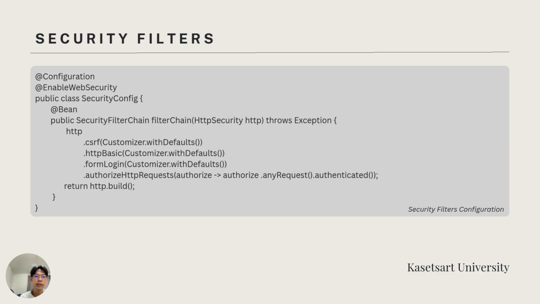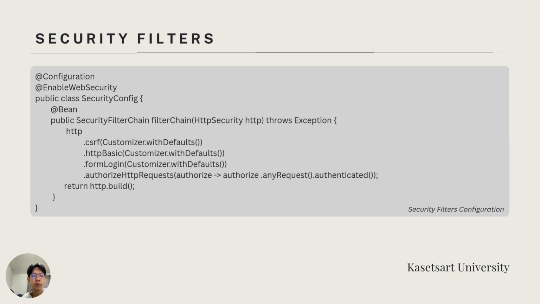As you can see in the code, we use the annotations @Configuration and @EnableWebSecurity to use the SecurityFilterChain. We define a @Bean of type SecurityFilterChain. We use the variable http as the HttpSecurity object, and then we add the filters.